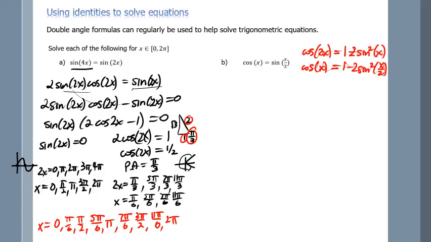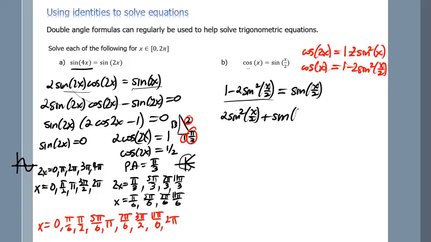So from that, we can replace cos x on the left-hand side with 1 minus 2 sine squared x on 2 is equal to sine of x on 2. Then bring it all to one side. I get 2 sine squared x on 2 plus sine of x on 2, and then minus 1 equals 0.